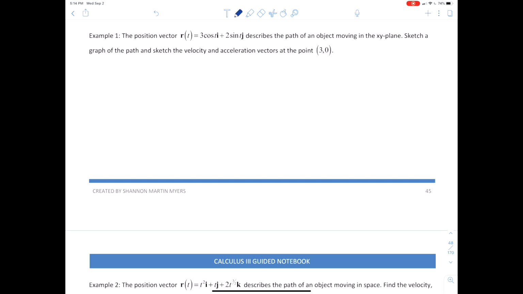The position vector r(t) = 3 cosine t times i plus 2 sine t times j describes the path of an object moving in the xy plane. Sketch a graph of the path and sketch the velocity and acceleration vectors at the point (3, 0). So here, let's take a look. If x is equal to 3 cosine t and y is equal to 2 times sine t, and we know what?